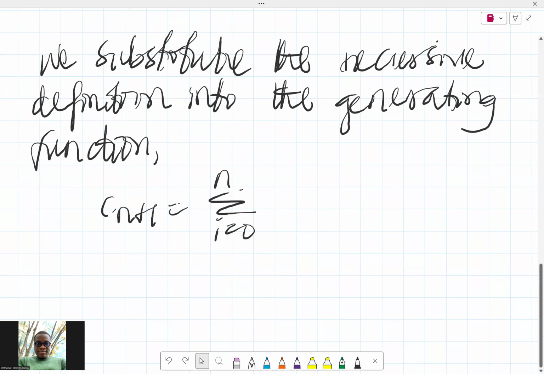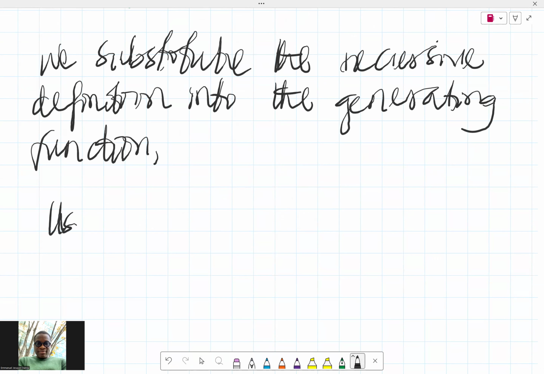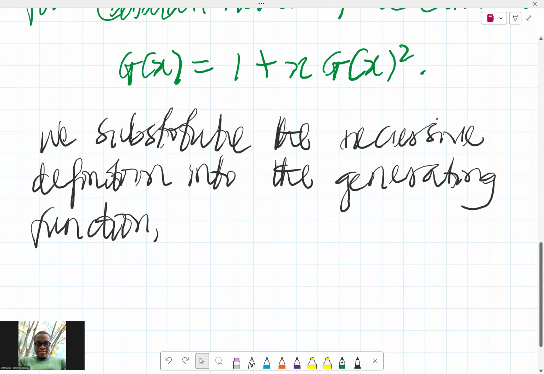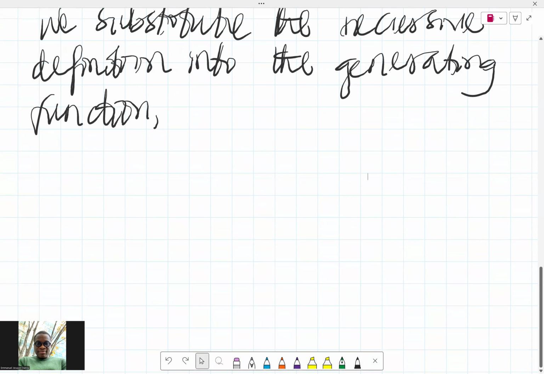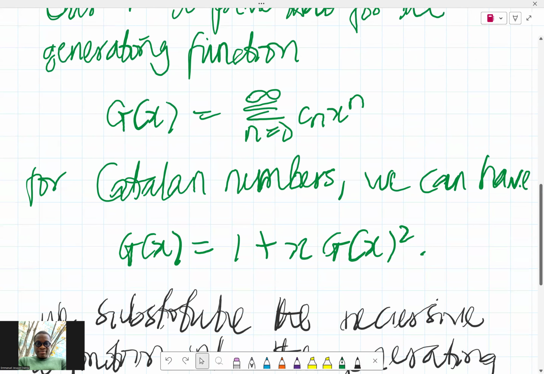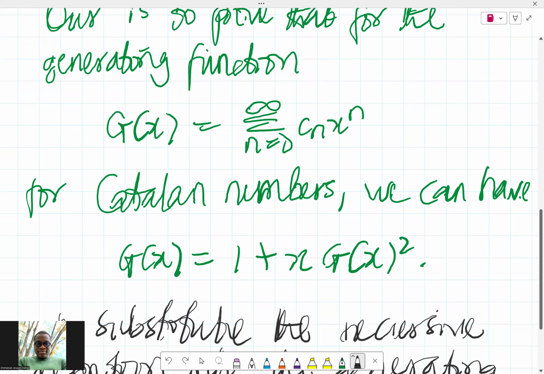So we substitute the recursive definition, which we already have up there, into the generating function. We already know g of x is the sum of C n x raised to power n.